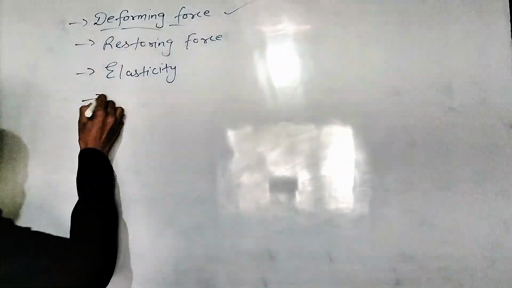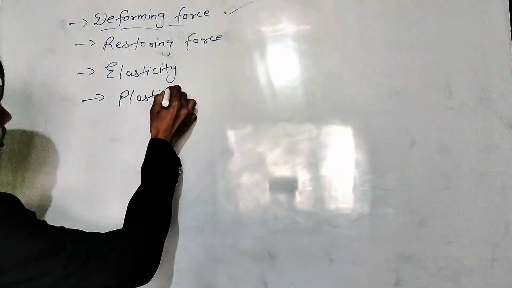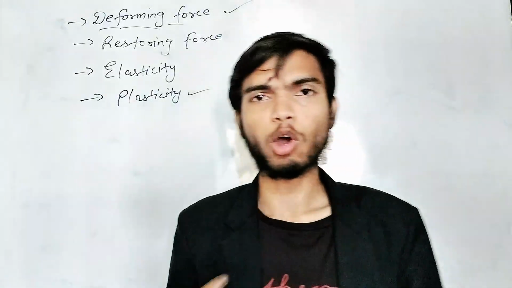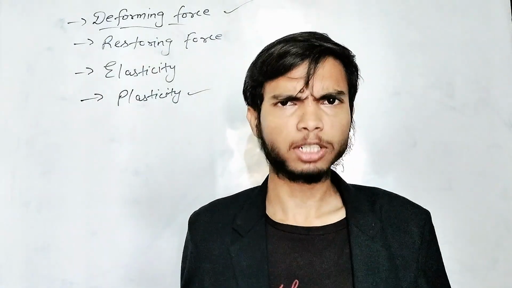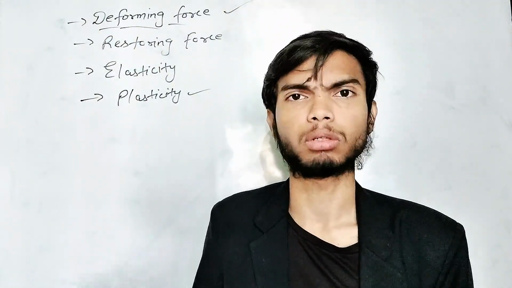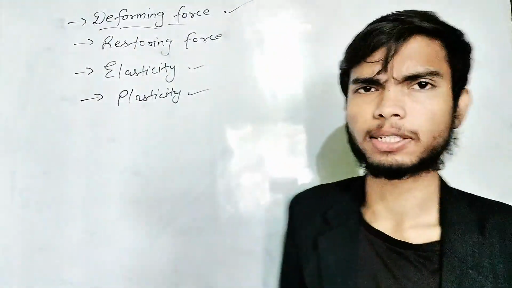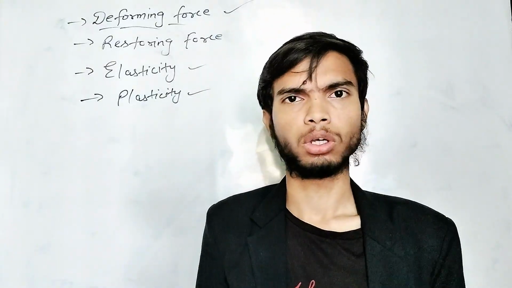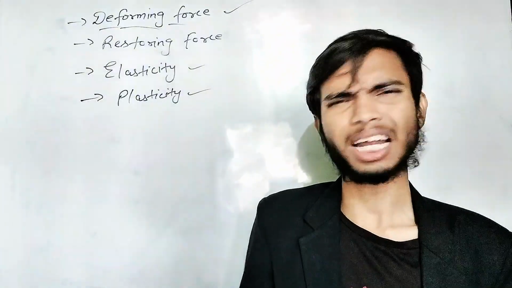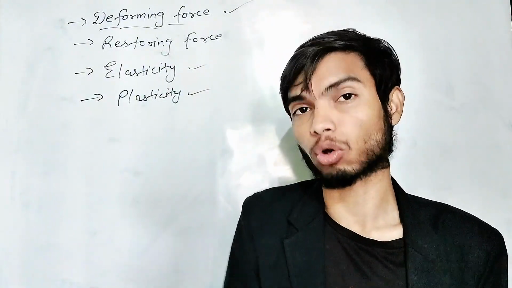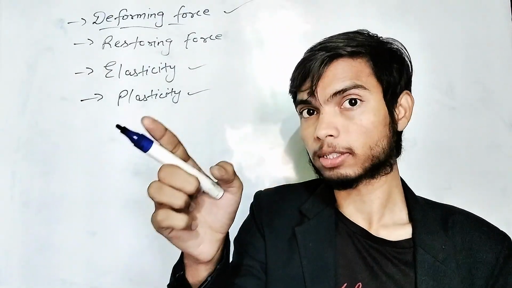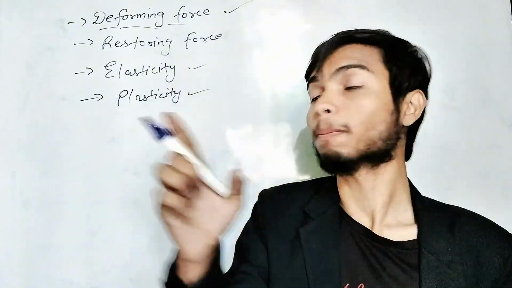Next we have just the opposite of it, plasticity. In the case of plasticity, you will observe that there are a lot of objects. Some objects are able to restore their original configuration, which we call elasticity. But on the other side, in our world, there are some objects that are not able to regain their original configuration. Indirectly, we understand that those bodies have the plasticity property.